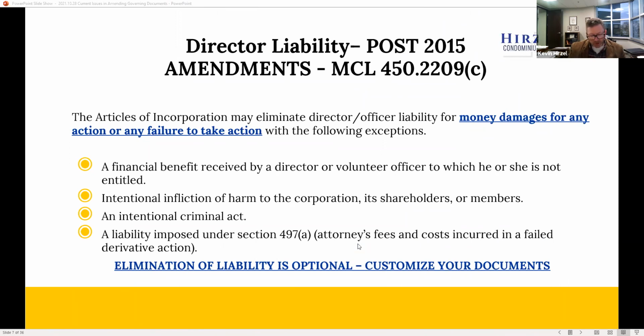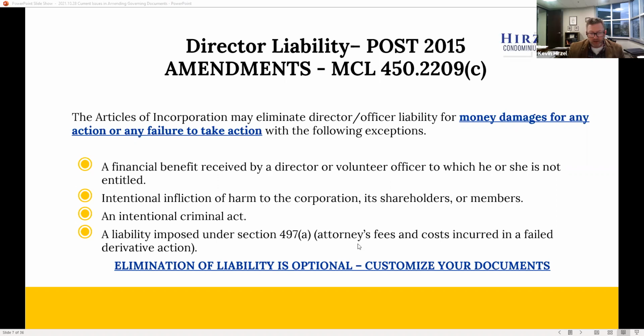Under the Nonprofit Corporation Act, Michigan law now allows a board of directors or an association to limit the personal liability for money damages for individual directors for any aspect, but there are certain things that are not excusable, for which the director will always be liable if they have committed it.